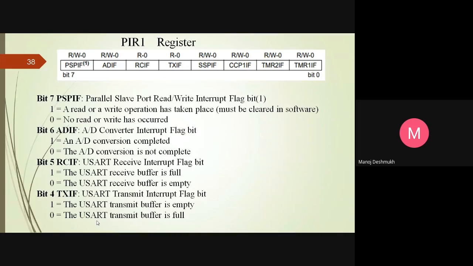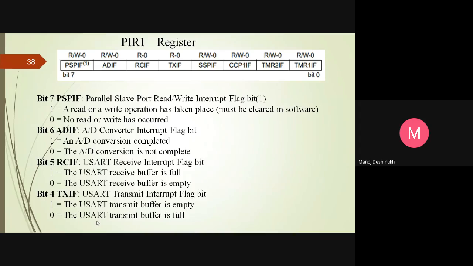Here the actual interrupts are set, and if you want to clear them, you are able to clear. These are readable as well as writable. Some of the interrupts like receive and transmit are not writable. Whenever reception is completed, at that time that particular interrupt, RCIF, is activated.